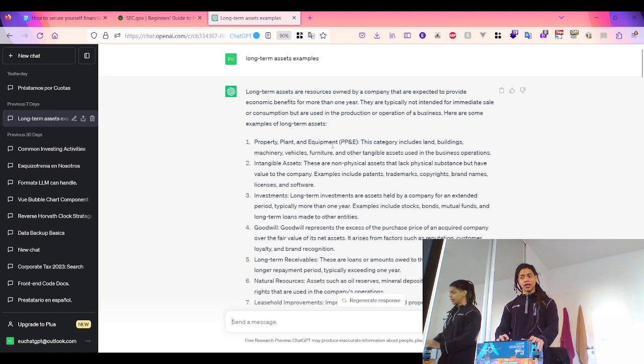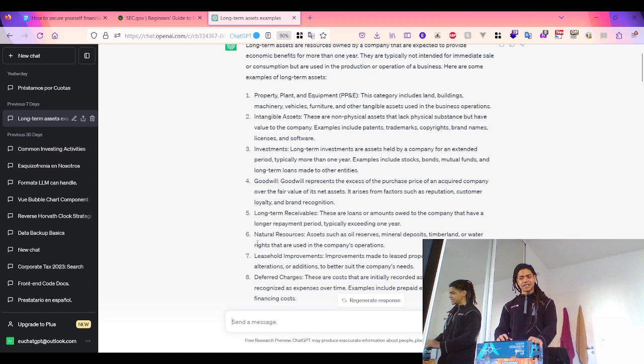Property, plant, and equipment is an example. Intangible assets are another example. Investment is another good example, along with goodwill and leasehold improvement.